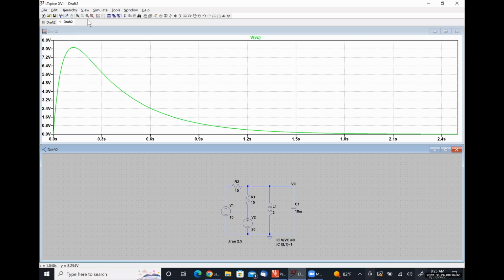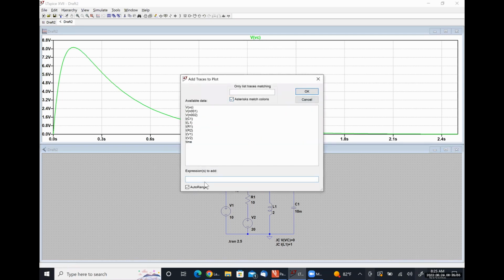What I'm going to do now is right click on my graph and press the Add Traces button. And down here for expressions to add, instead of using any of the waveforms that our simulation generated, I'm literally just going to type in the mathematical expression that we developed for VC(t).